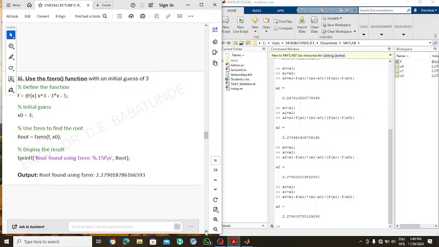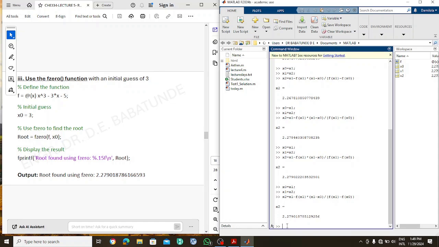That function that you have created, followed by your initial guess. This time around it is 1 initial guess, just like the Newton-Raphson method that required 1 initial guess. So you call the fzero function, pass in the function that you want to get the root of and your initial guess. Then it's going to give you the root.